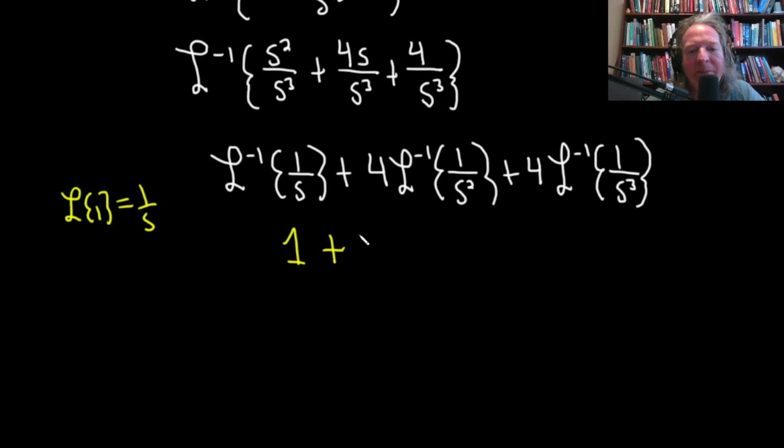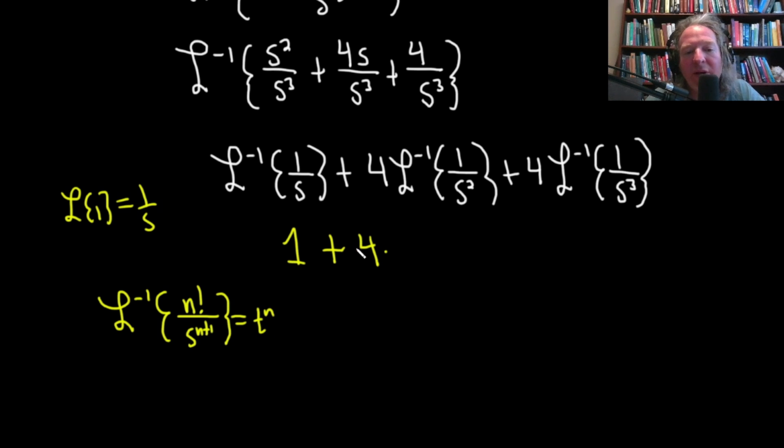Plus 4 times, and so to figure out this one, recall that the inverse Laplace of n factorial over s to the n plus 1 is actually equal to t to the n. So here, it's 1 higher on the bottom. If you think of this as 1 factorial over s squared, it's 1 higher, so it's t to the 1. This is just t.